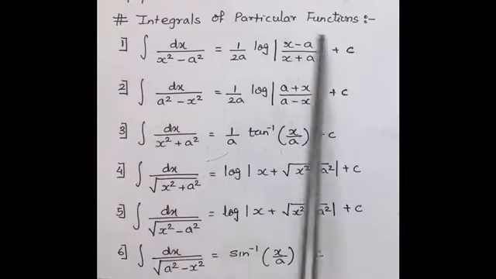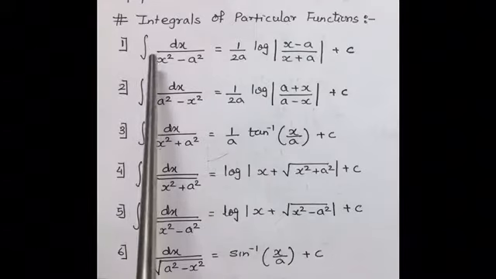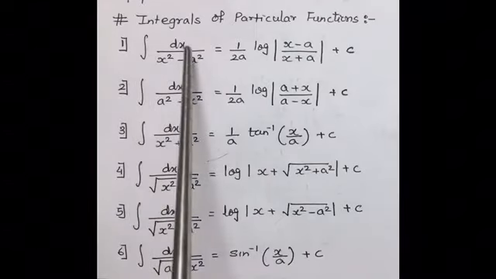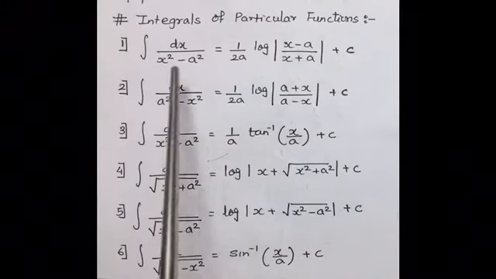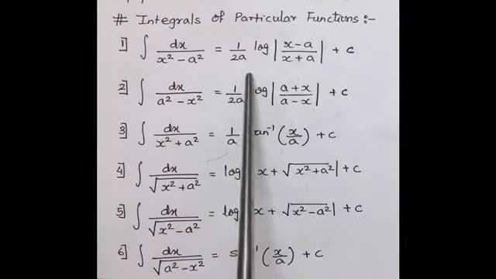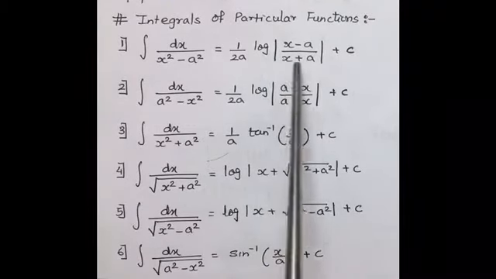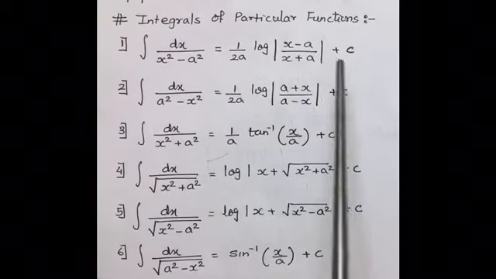So beginning with the first type, integration of dx upon x square minus a square is equal to 1 upon 2a log of (x minus a) upon (x plus a) plus c.